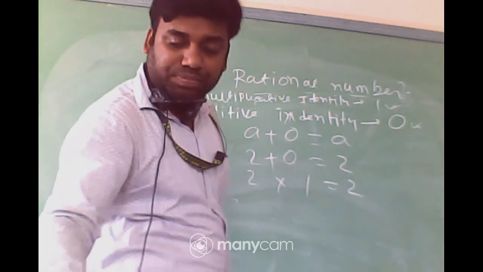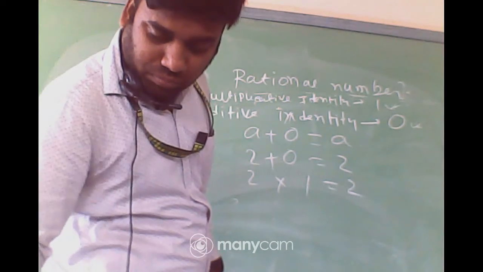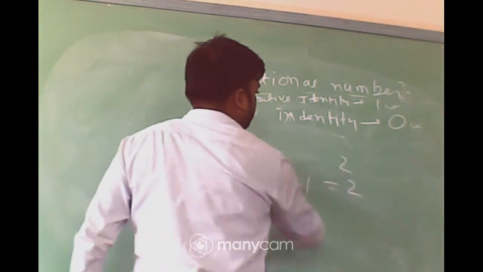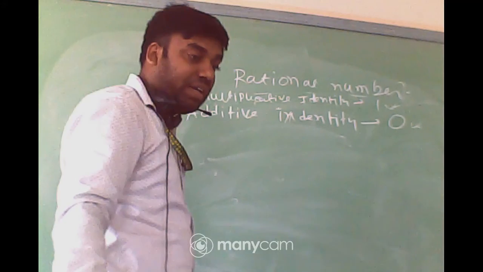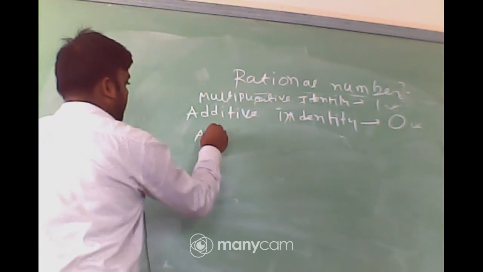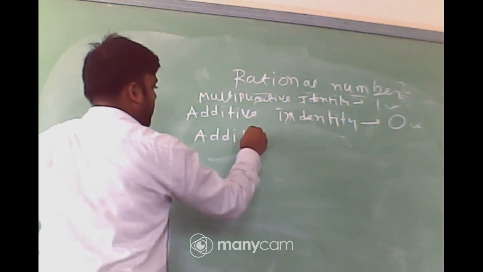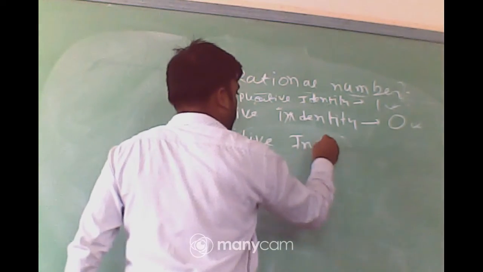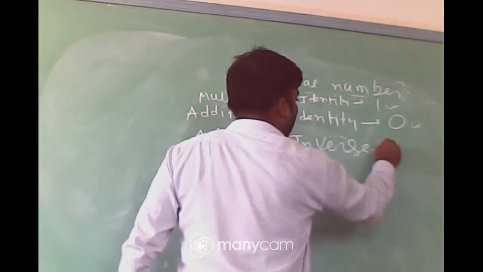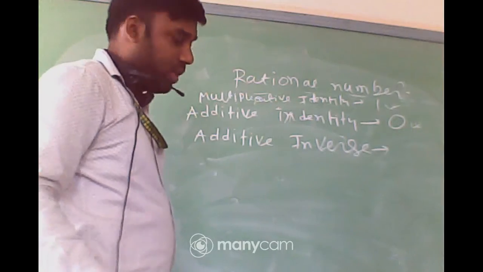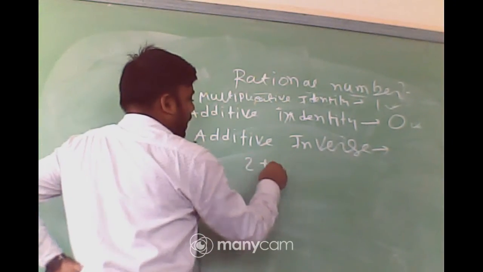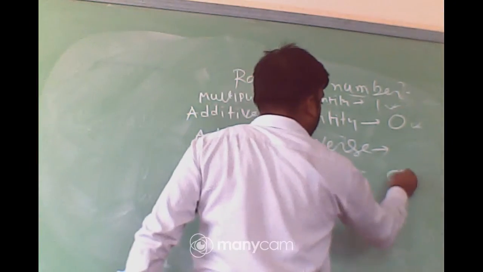Next thing, additive inverse. What is additive inverse? Additive inverse means to add a number such that you will get 0.